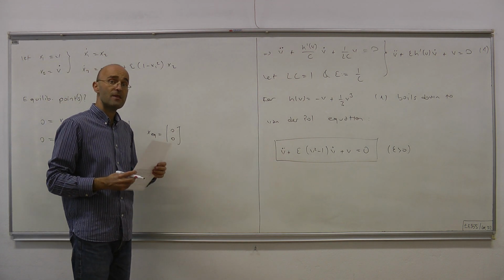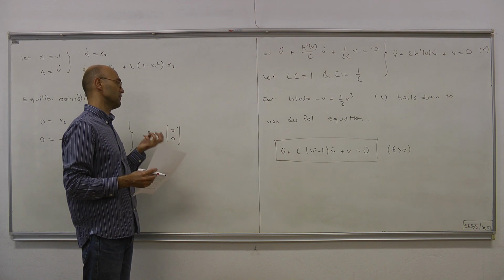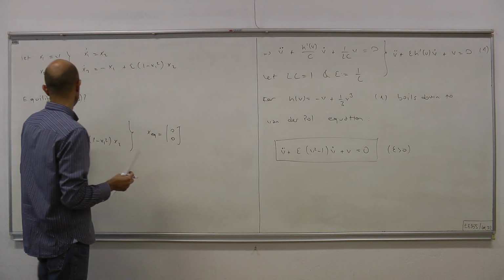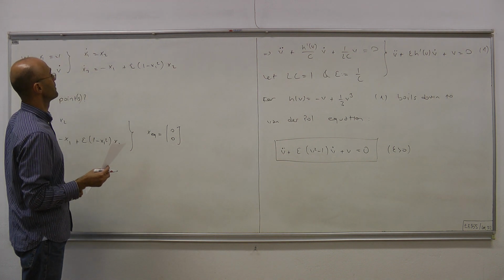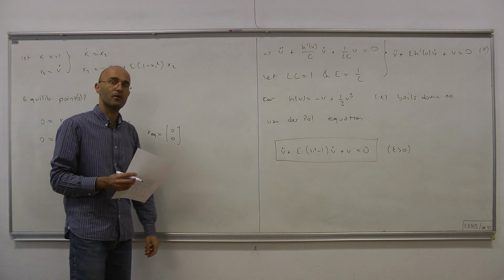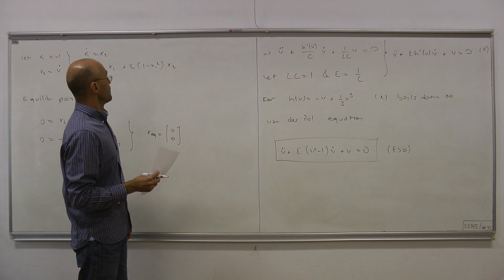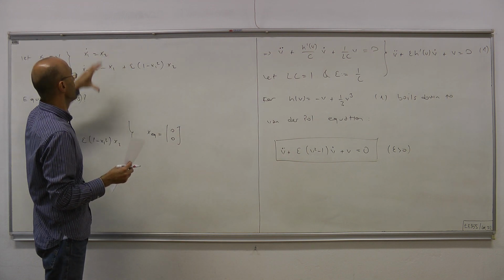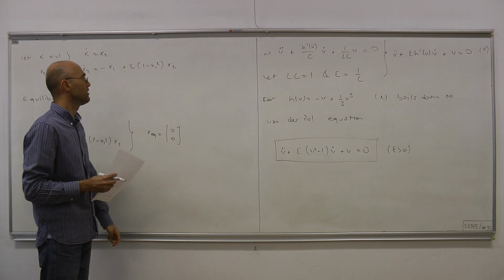If you want to get some visual understanding of that behavior, we can easily simulate this differential equation in MATLAB. If you don't have time, the necessary files are on the web page.